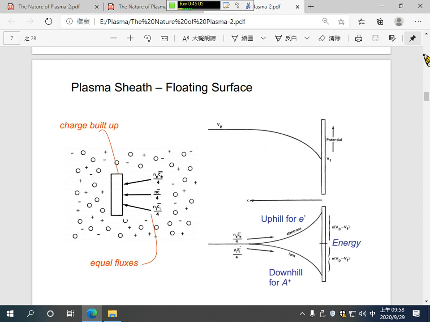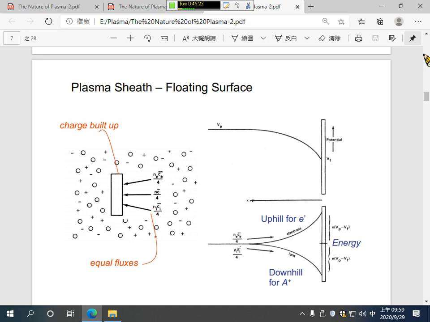So this figure shows that after the sheath is formed, the electrons will be repelled, and the ions will not be repelled but accelerated.